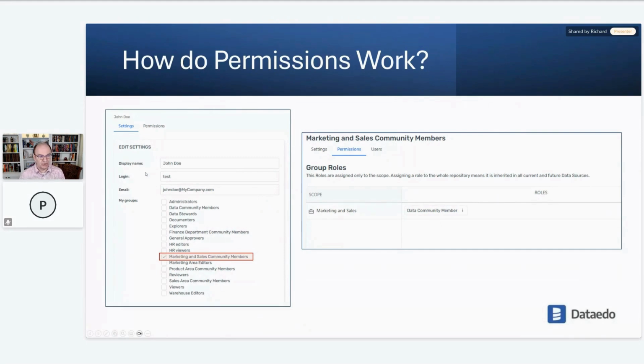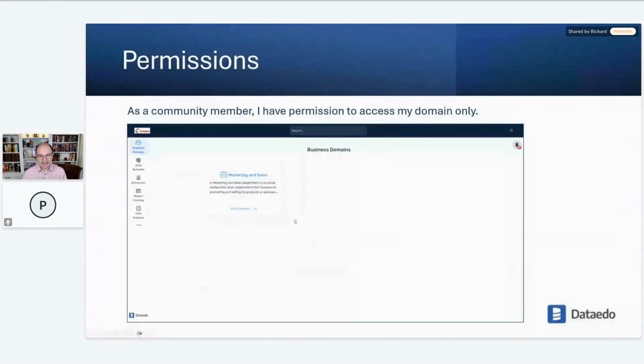Now, when a new member joins, the administrator will assign them to the correct group. So in this case, John is assigned to the marketing and sales community members group, which means he has access to that domain and all its linked objects at the level of a community member, which is exactly what I did here.